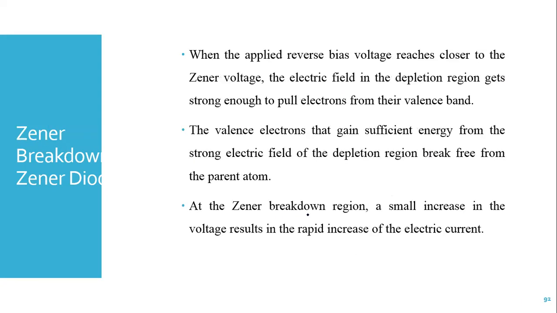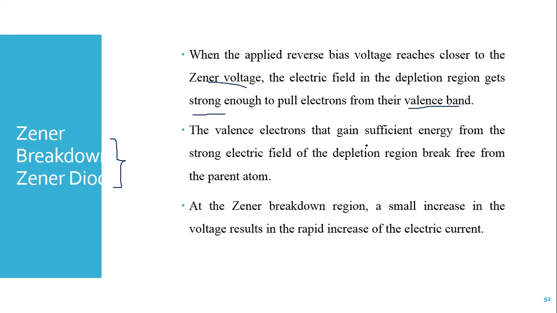Now, what is Zener breakdown? Already I told you, so let us complete it quickly. When the applied reverse bias voltage reaches close to the Zener voltage Vz, the electric field in the depletion region becomes strong enough to pull electrons from their valence band.